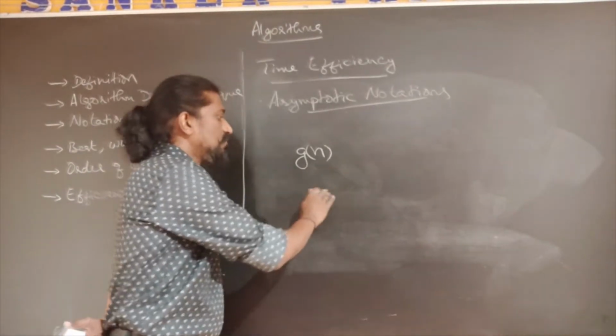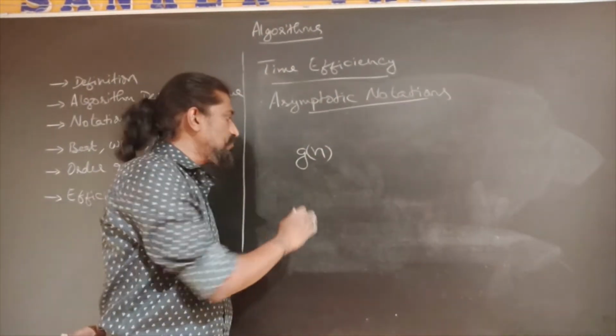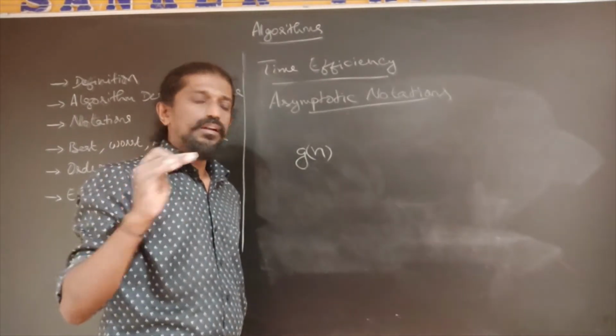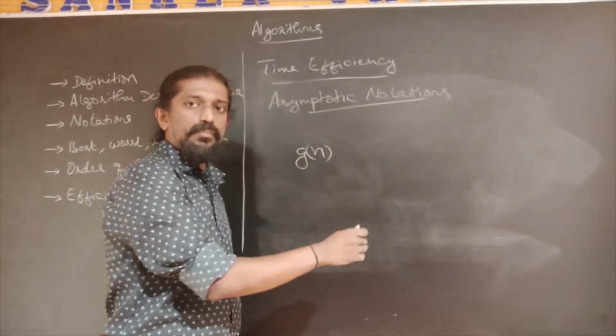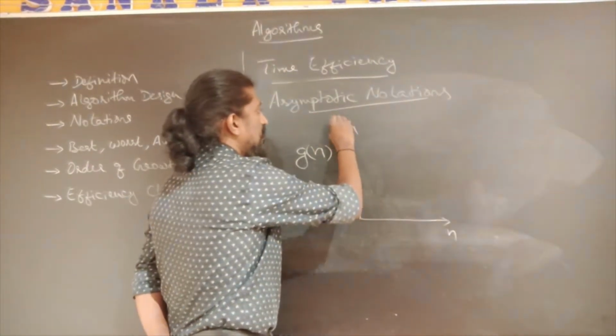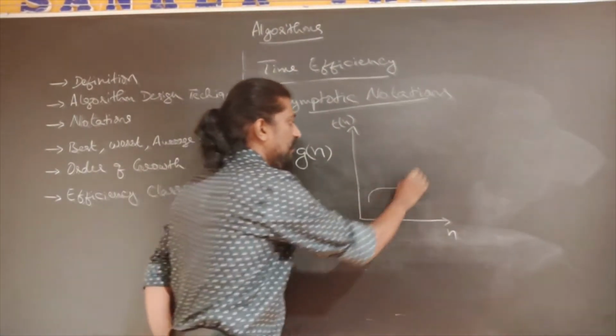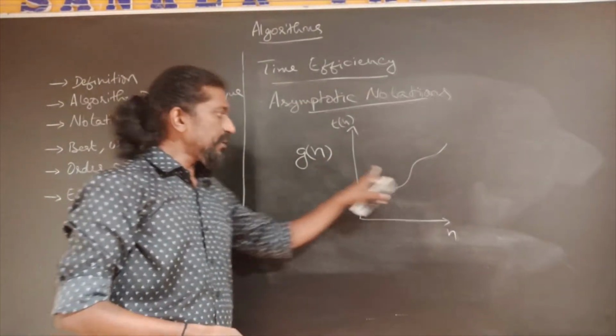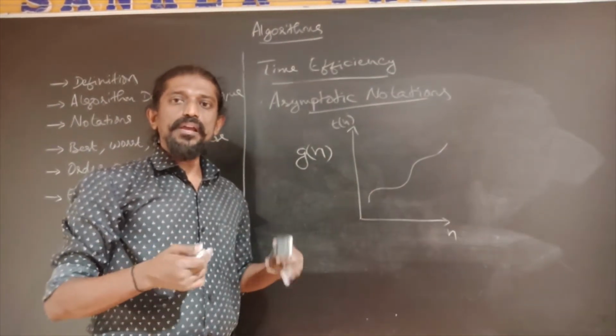We will discuss this later. For the time being, let us assume there are some standard functions which are plotted once again against input size and running time. We have a curve g of n. With respect to g of n, we are going to compare our algorithm.